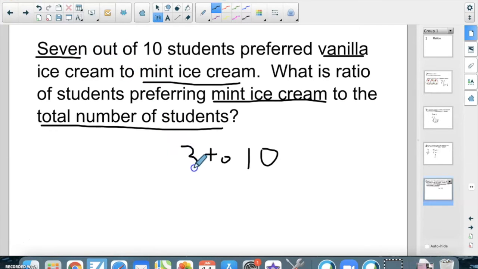So it's 3 mint ice creams to 10 total students. So 3 out of 10, right? Or 3 to 10, 3 colon 10, or as a fraction, 3 over 10.